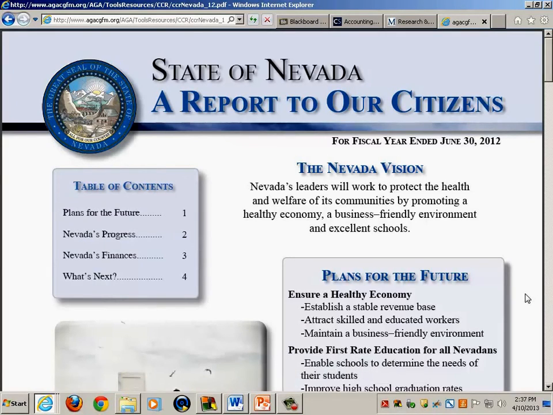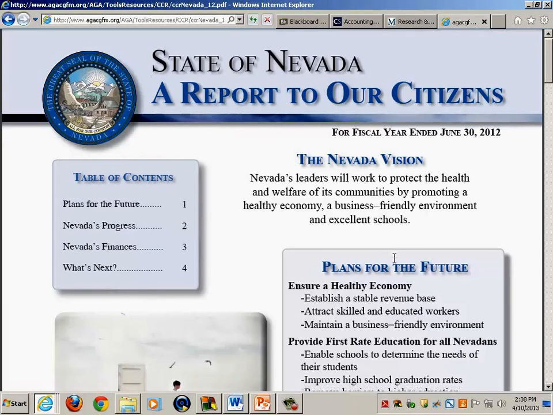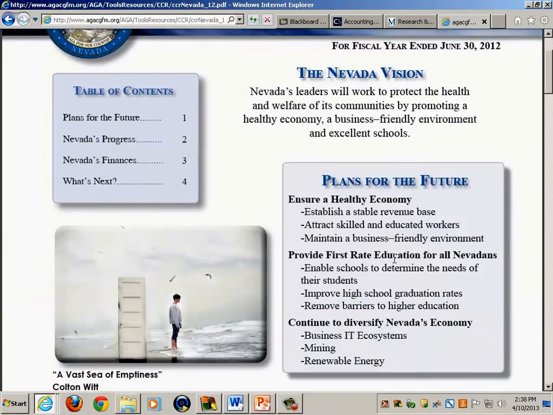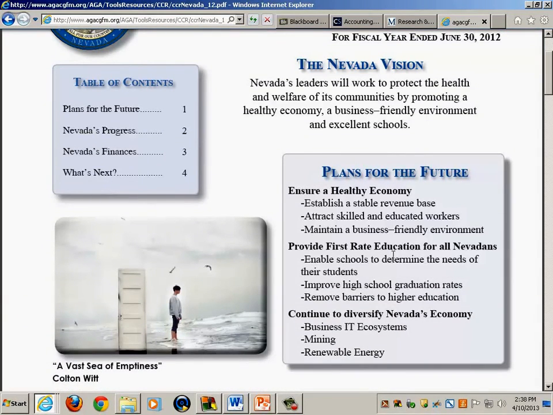It's 4 pages long, and there is a format given by the AGA on what the report should look like. Notice the difference between the CAFR and this. As you look through this, look at what it includes that the CAFR or the popular report won't include. First of all, you see a nice introduction with plans for the future as to what they foresee as coming.